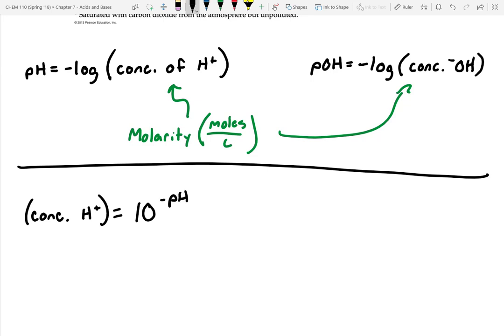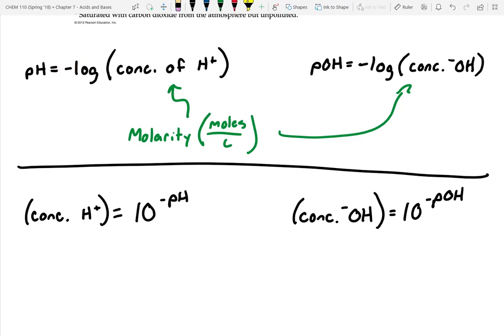So you can go back and forth with these. Same thing with pOH. Say concentration of your hydroxide is going to be equal to 10 to the negative pOH. To factor in the negative that we had up here, you actually have to raise it to a negative power. Does that make sense?